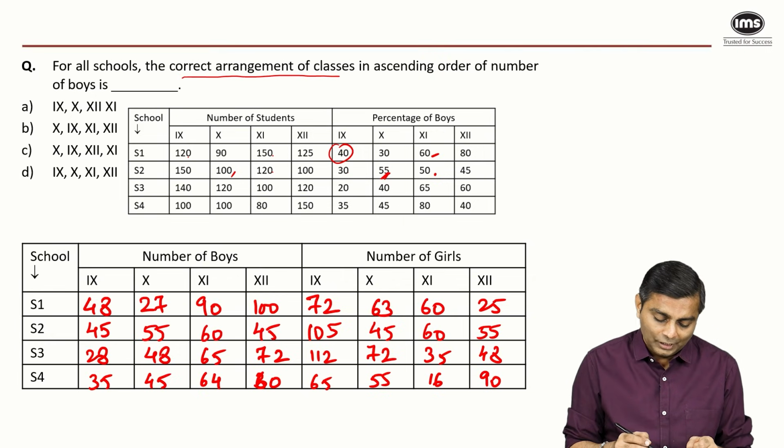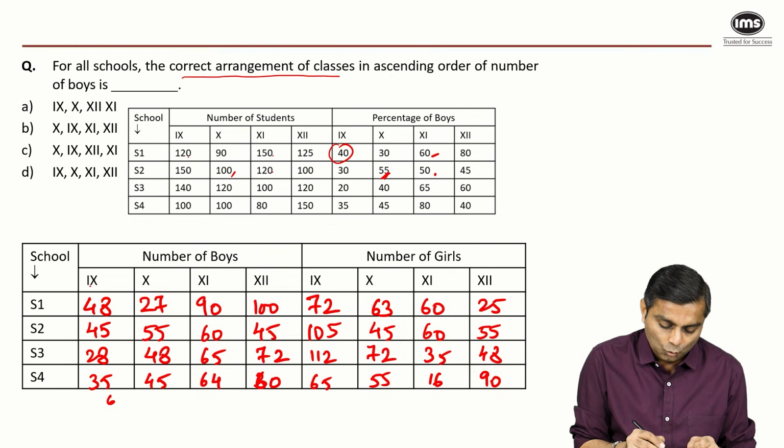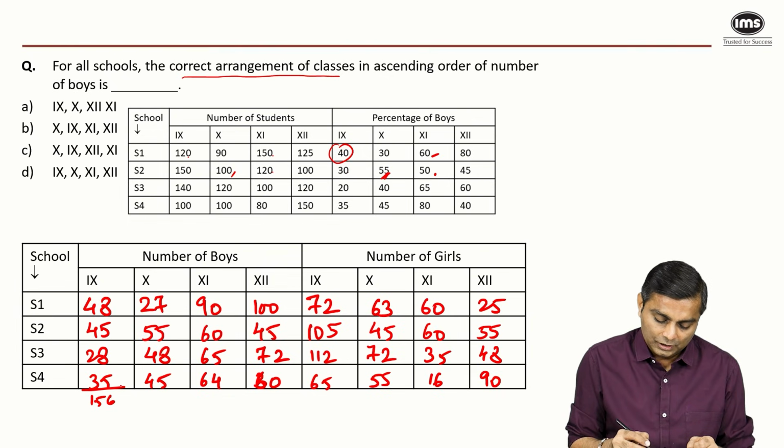So for 9th, what is the total coming to be? 48 and 45, so 80 and 13, 93. 93 and 20, in fact, let's just quickly do this. 8 and 5, 13, 13 and 8, 21, 21 and 5, 26, 2 carry, 10, 10 and 5, 156. So this total is 156.